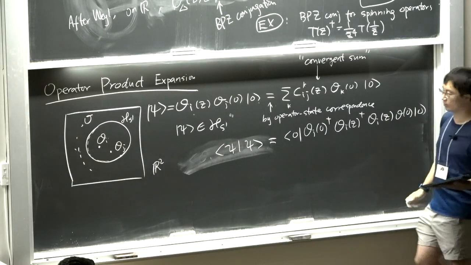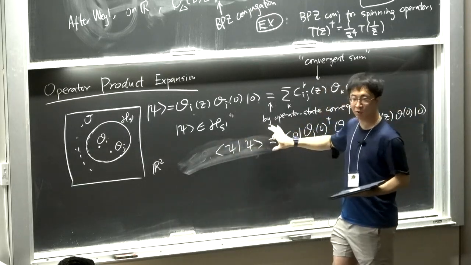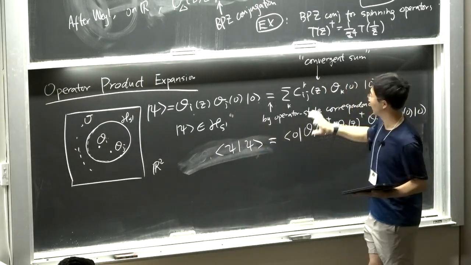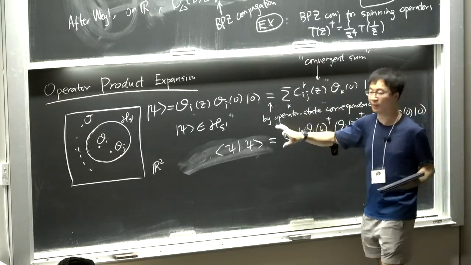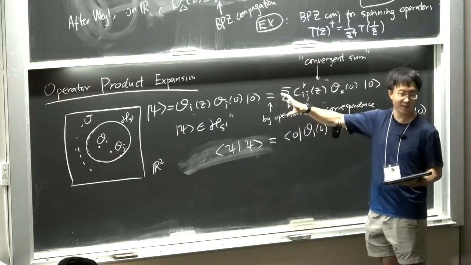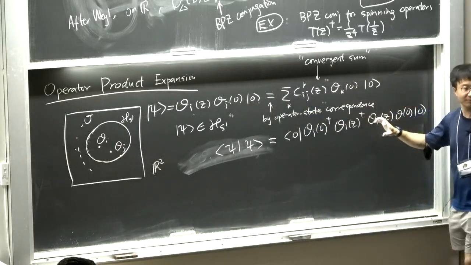This is what this bracket is. If this state is normalizable, then this sum must be convergent. This is the usual fact about states in the Hilbert space. If the state is normalizable, then this sum is convergent.